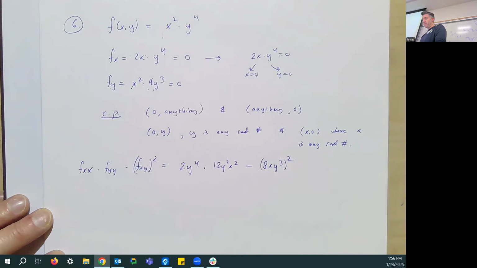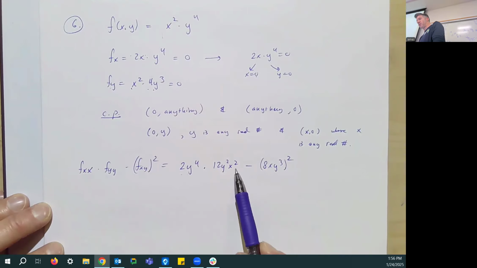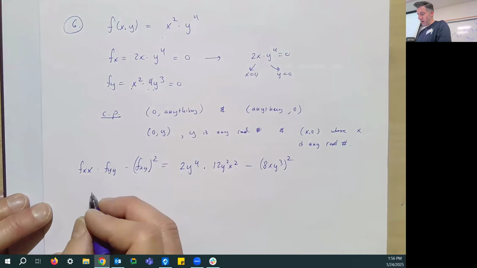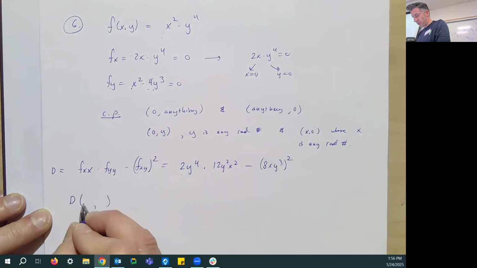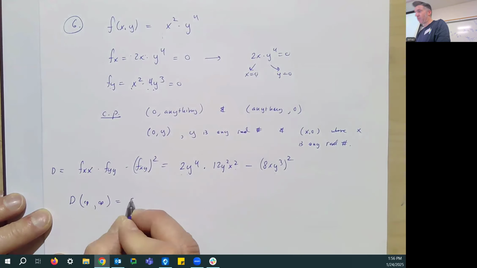And if you plug in 0 for either y or x, everything's going to be 0, right? If y is 0, well, that's 0 and that's 0, so it's 0. If x is 0, that's 0, that's 0, so it's 0. So no matter what you do, D with any critical point plugged in is going to be 0, which means it's inconclusive.